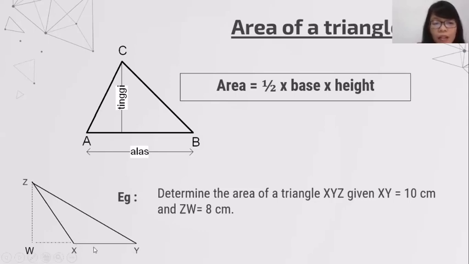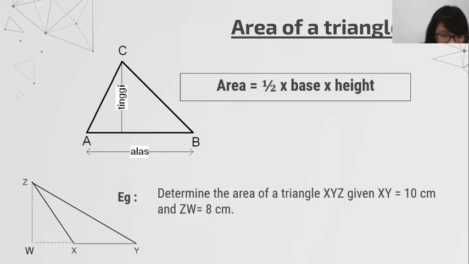Yeah, but you know, when we have a scalene triangle, it's okay if we find the height of the triangle outside of the triangle itself. If I'm not mistaken, I already explained this problem before. Because it's obvious that XY is the base, we just need to find a side or line or something that is perpendicular to the base.